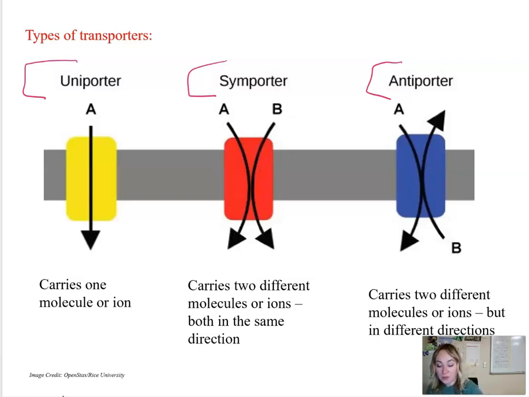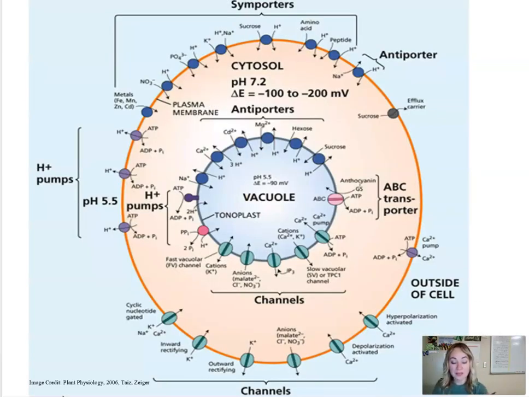So just to give you an idea how complex things are and how highly regulated all the traffic is, here's a plant cell. So this is the outside of the cell, and then this is the membrane, you can see right here, and then we have a vacuole, and of course you would have all the other organelles, but they're not shown here. So you can see we have a number of symporters.